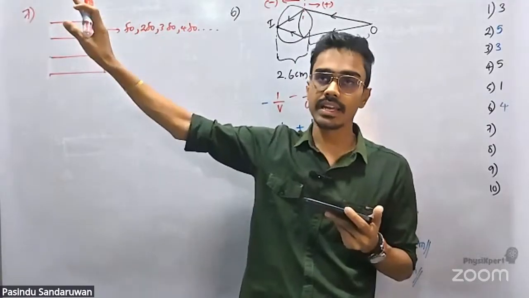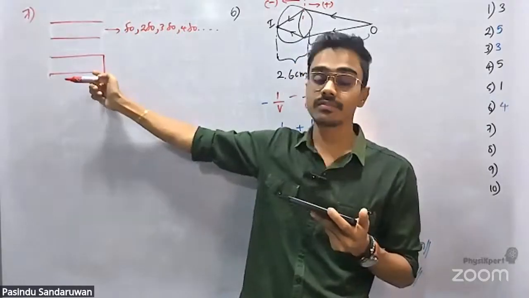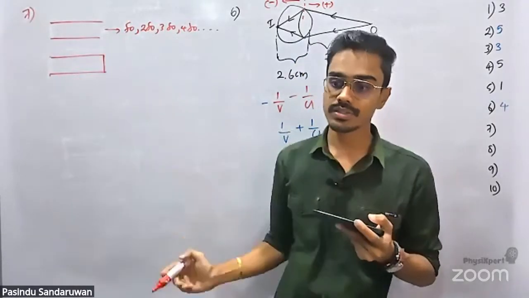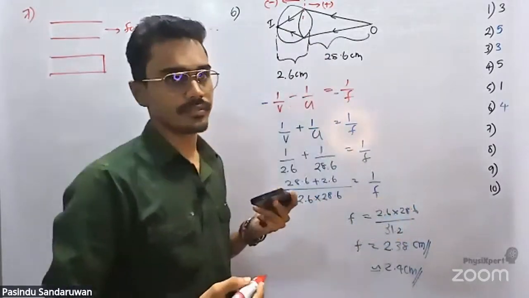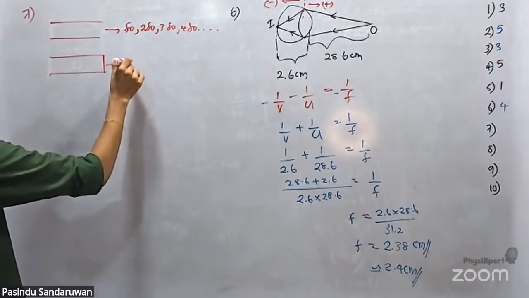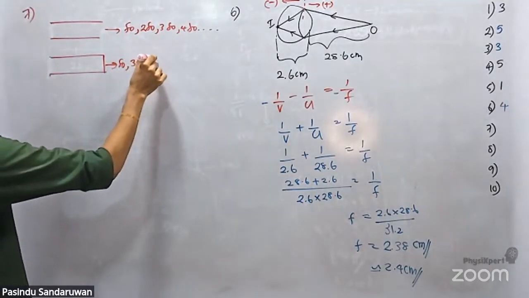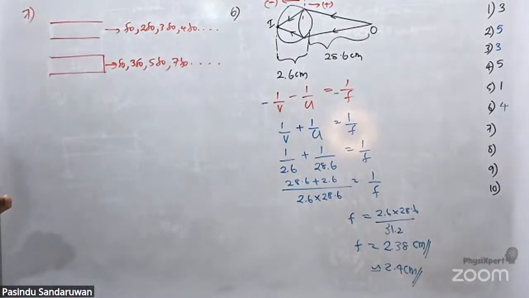The only different scenario is the one end closed tube. In a one end closed tube, resonance frequencies are only for the odd multiples of f naught: f naught, 3f naught, 5f naught, 7f naught, and so on.